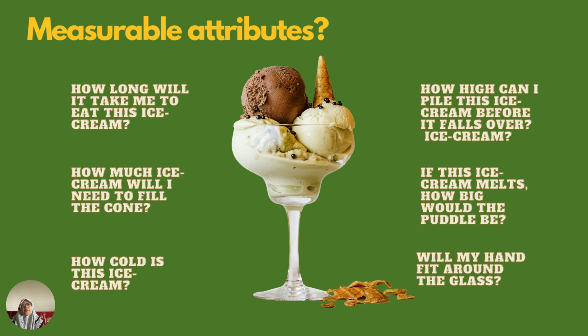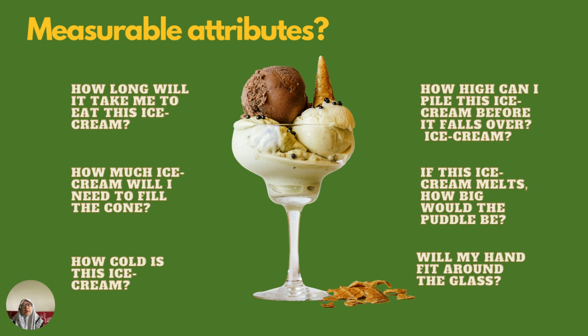The next one, if this ice cream melts, how big would the puddle be? Okay, for example, you see in the picture down there, how big will the puddle be? That means you just let the ice cream melt over a few hours, and then you put the ice cream glass in, let's say, a bowl, and then once it melts, then you can actually see how much the ice cream actually melts.